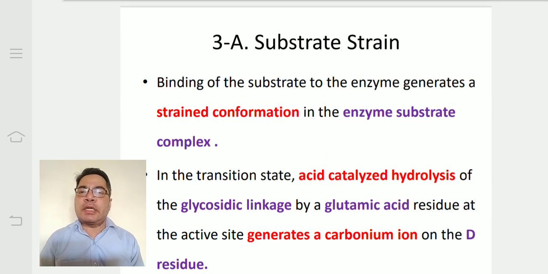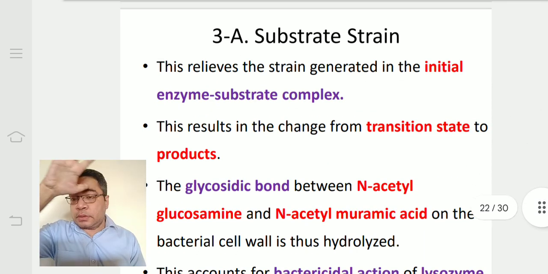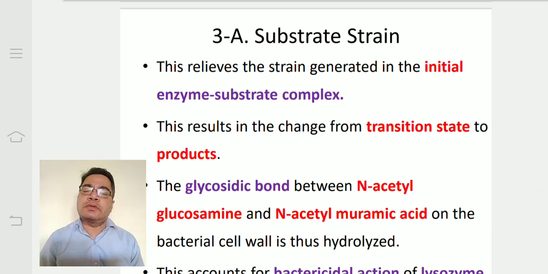Next is 3A, substrate strain. Binding of the substrate to the enzyme generates a strained conformation in the enzyme substrate complex. In the transition state, acid catalyzed hydrolysis of the glycosidic linkage by a glutamic acid residue at the active site generates a carbonium ion on the D residue. This relieves the energy generated in the initial enzyme substrate complex.